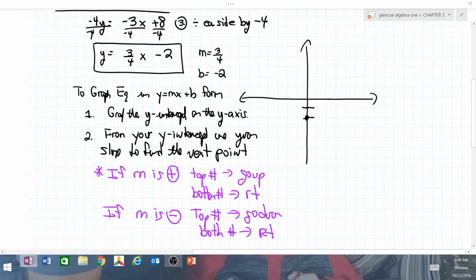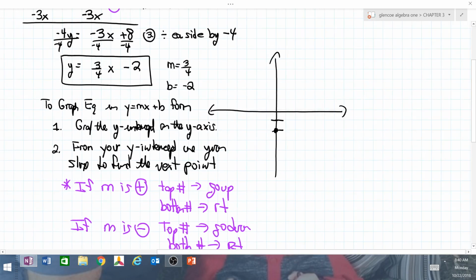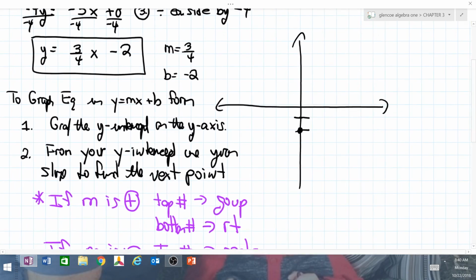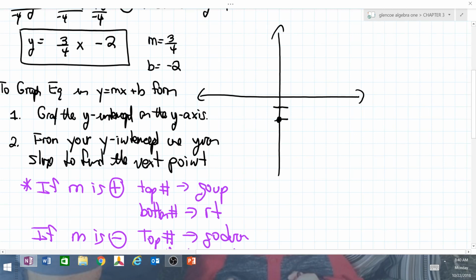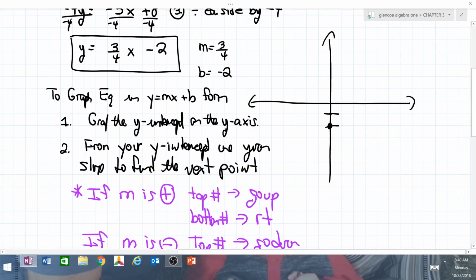Okay, so step number 1, our equation is in y equals mx plus b form. When everybody looks at y equals 3/4 x minus 2, does everyone understand that the number in front of x is m, the slope? So class, what's the slope of this line? Good.